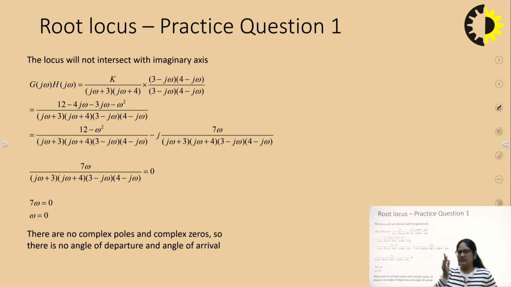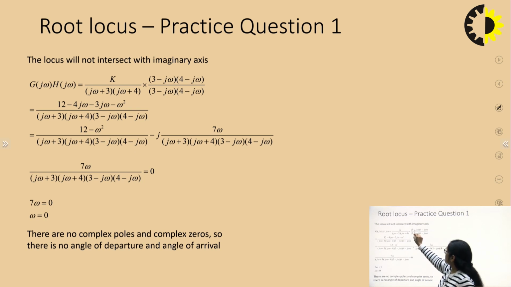Now to separate the real and imaginary parts, since we are finding the intersection of the root locus on the imaginary axis, we need to know where it is intersecting. To do this, we need to separate the real and the imaginary parts, and for that we need to rationalize the system.